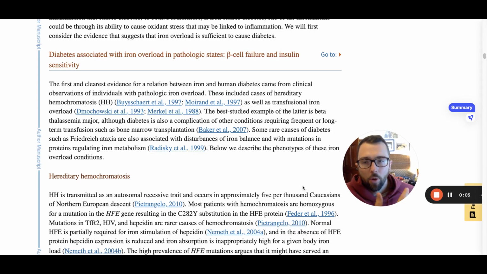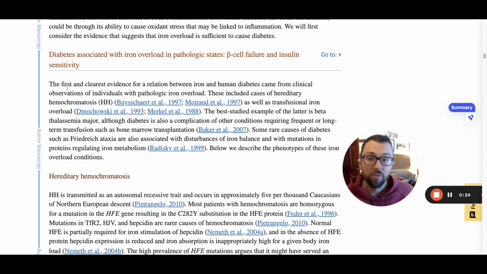It's also important to note how tightly connected iron is with inflammation in times when it's not properly held. So now let's talk about how iron dysregulation, if iron is not going to the proper places, how that can lead to inflammatory measures that are directly linked or correlated with the development of diabetes.